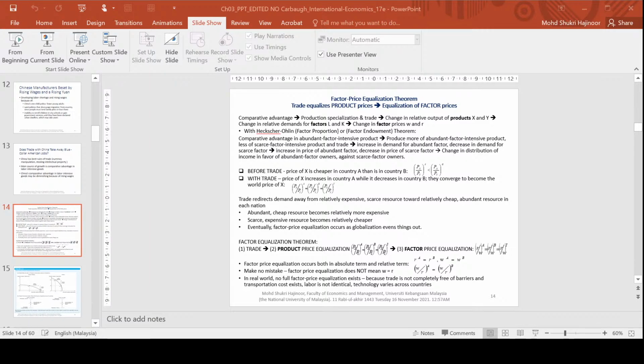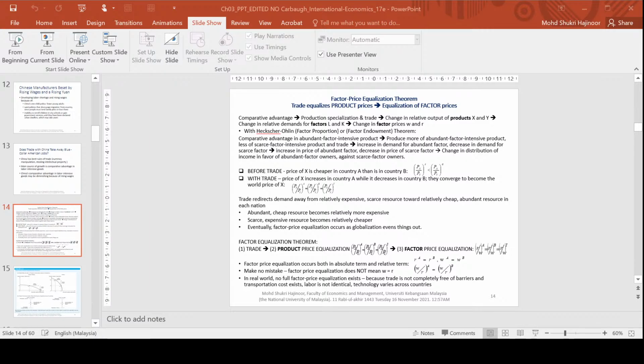K, abundant, where the interest rate is low, now the interest rate becomes higher. The scarce, expensive resource becomes relatively cheaper. Eventually, factor price equalization occurs as globalization evens things out.